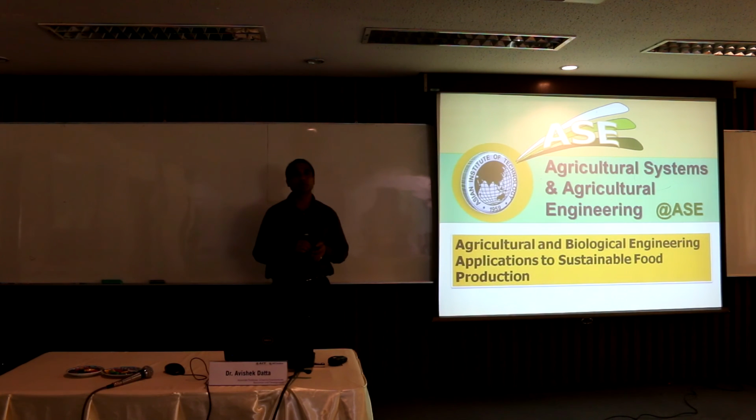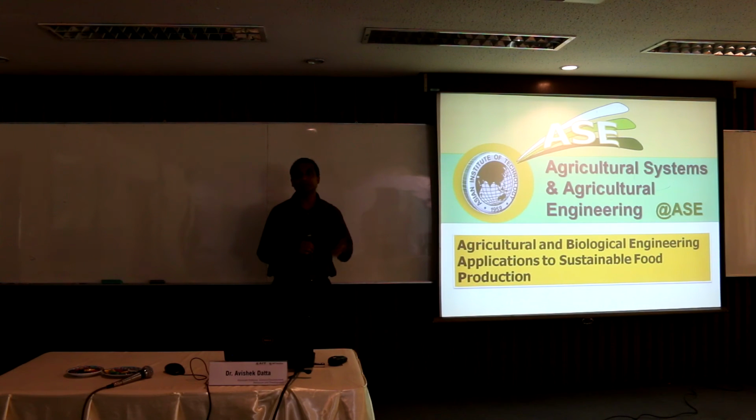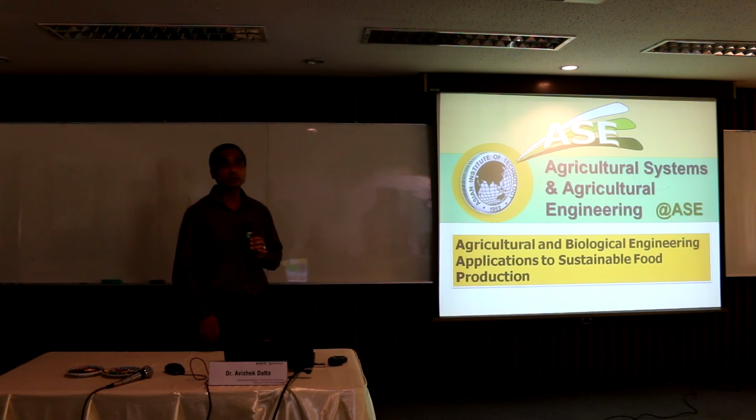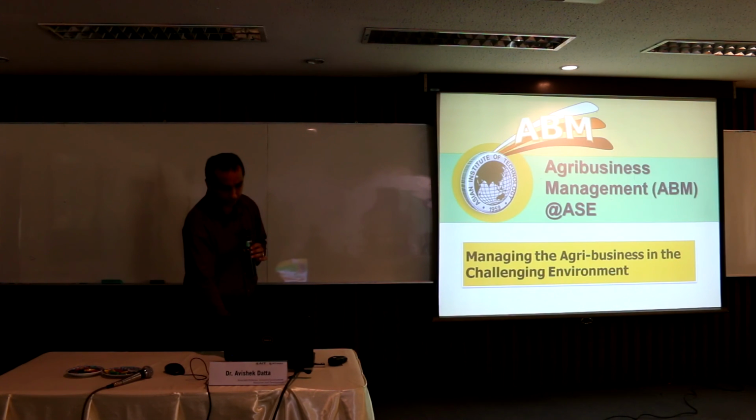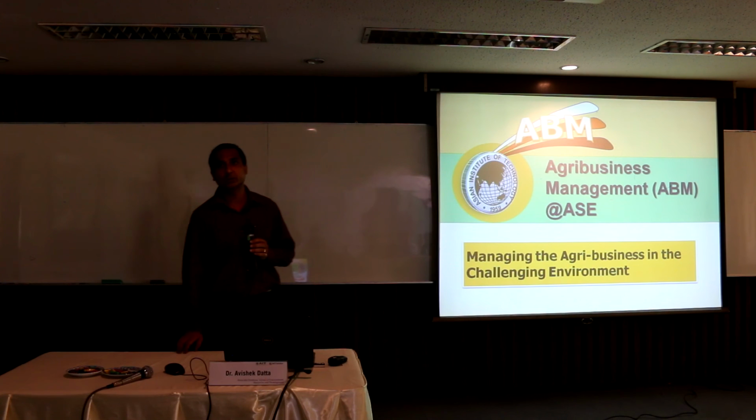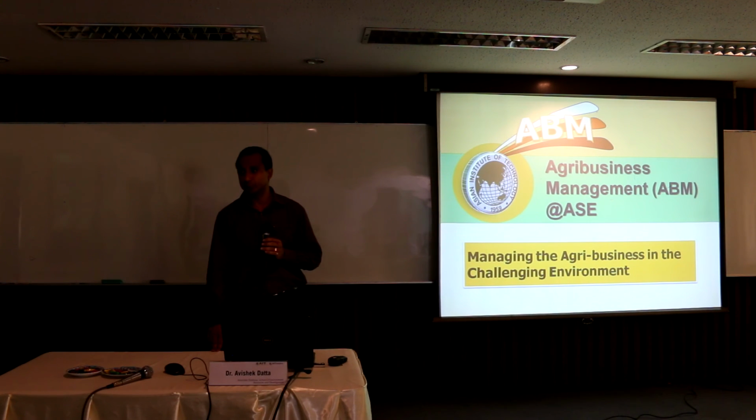Dr. Kim also talked about sustainable development of cities. We basically scoped ourselves within sustainable food production. And agribusiness, you can easily understand from the name, deals with different management issues of agricultural food products.